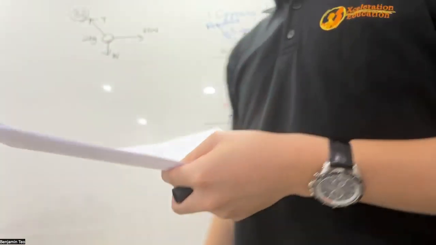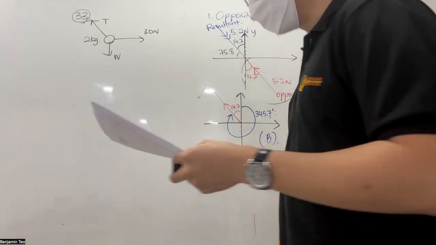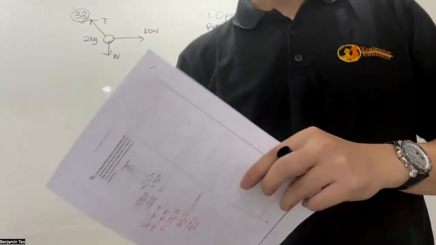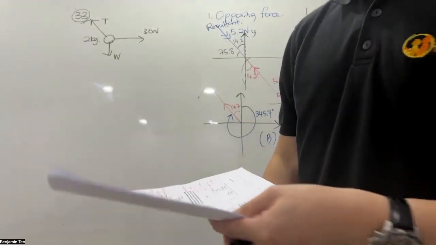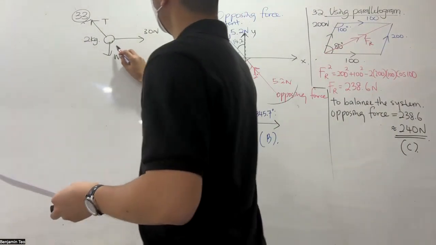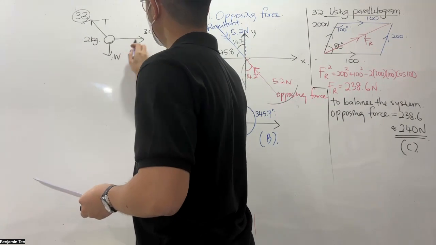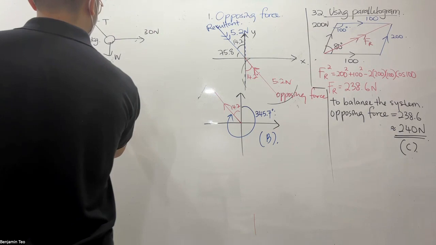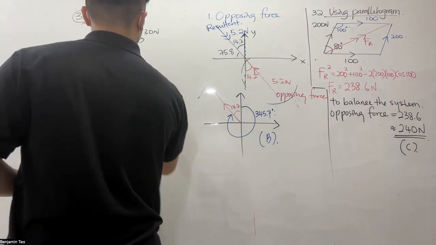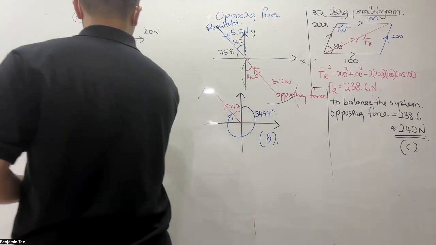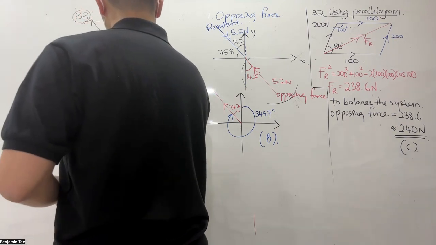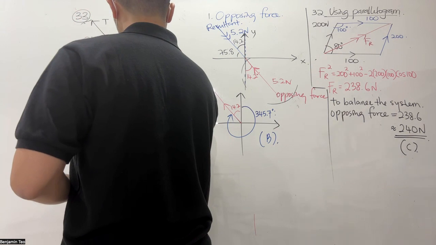OK, tension 是多少来弄它 equilibrium？我先加，因为他没有给我 angle 哦，他没有给我 angle，所以我做不到 resolution。But I can add these two together first. This one is 20, this is 30. You add it up. What is 20 squared plus 30 squared?